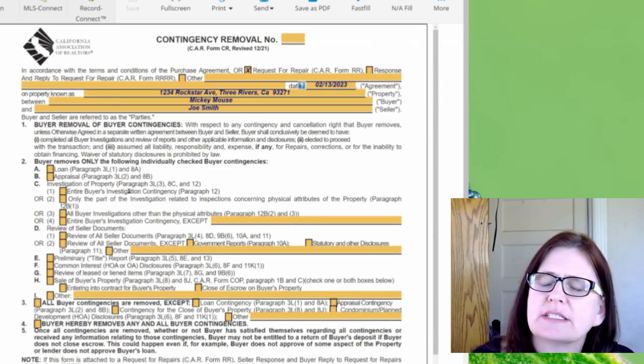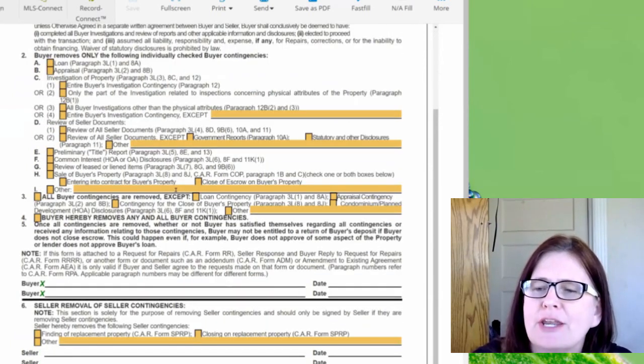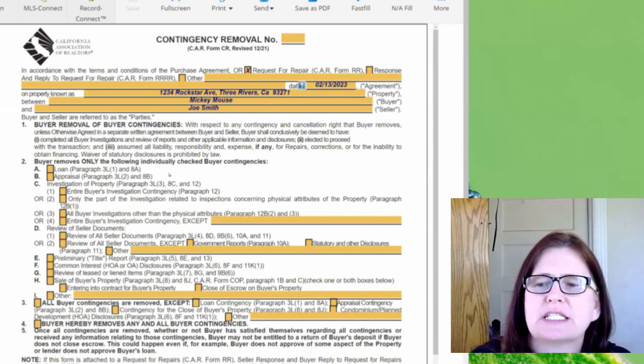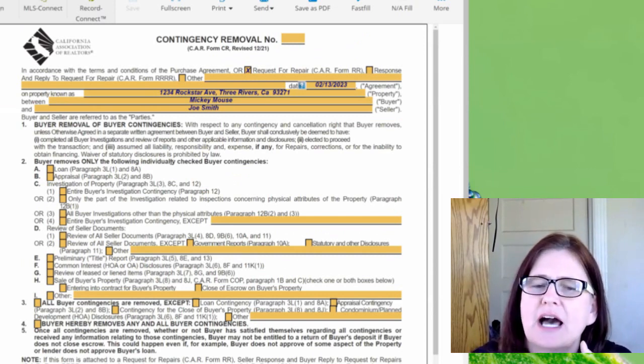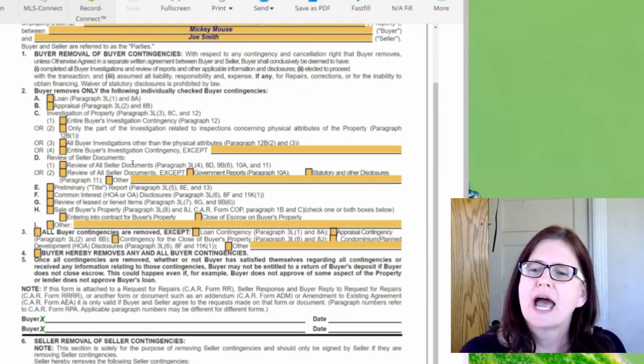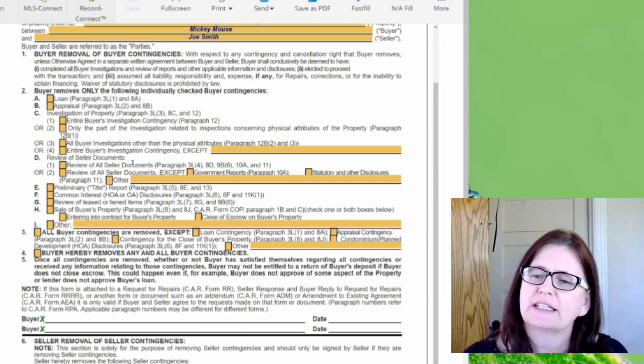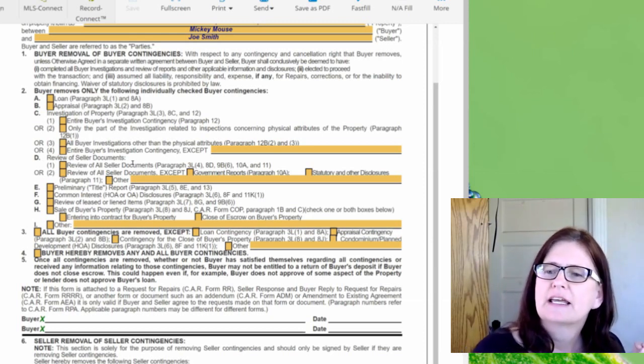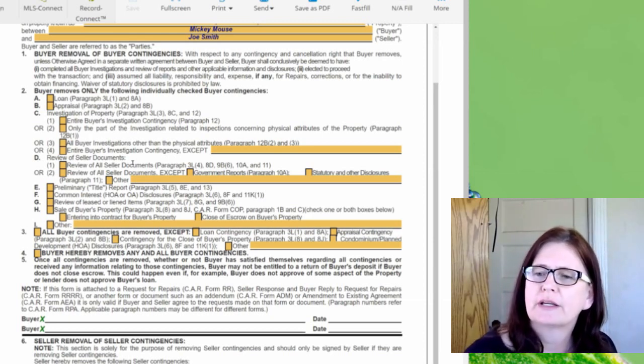As a buyer's agent, and this is something a lot of new agents do: when you're representing the buyer and you know the inspection contingency is supposed to be removed at day 17, a lot of new buyer agents want to say, okay, we have to remove it. Never remove a contingency unless the selling side requests you to do it.